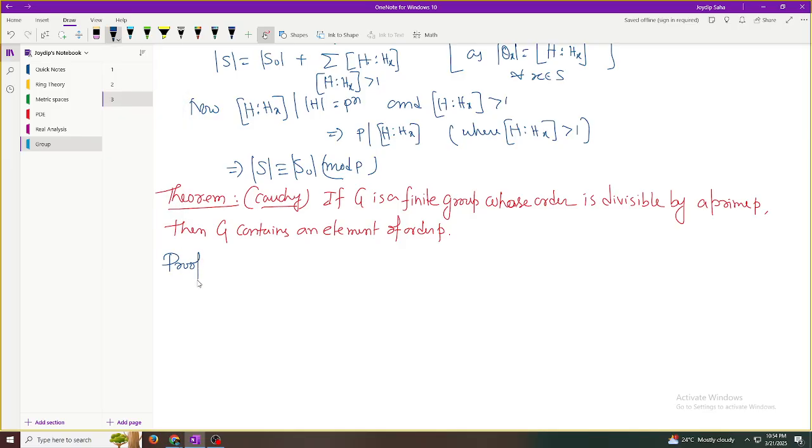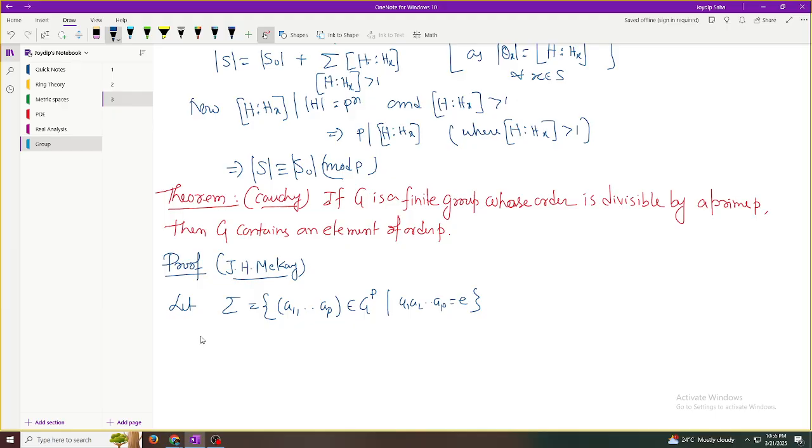The proof is given by McKay. Let sigma be the set of tuples (a1, ..., ap) belonging to G to the power p such that the product is the identity.